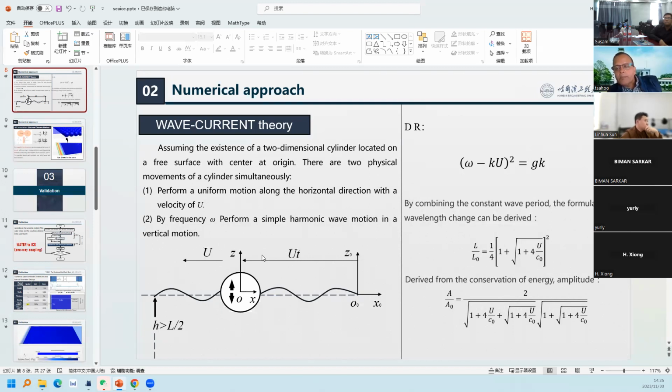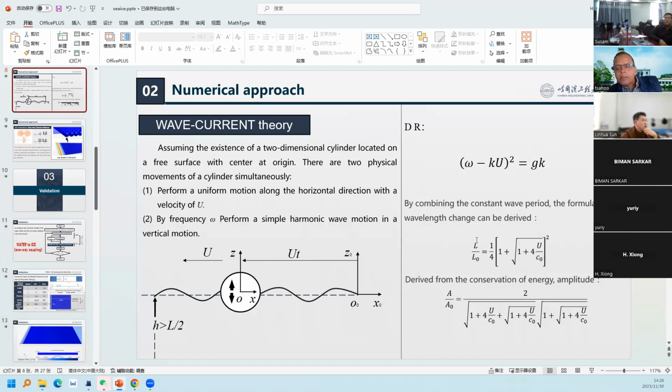If the current is negative, this also can be negative: 1 plus 4 U by C naught. Can it be negative? If the current is 0, then L will equal L0.